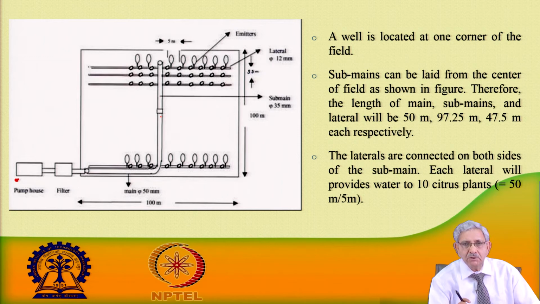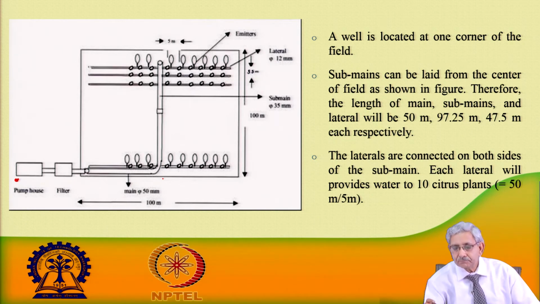At the same time, one has to see that the energy used for such a pipeline arrangement is minimum, so that the pump can also be of a smaller size. So, this is one of the arrangements which has been considered in the present design.